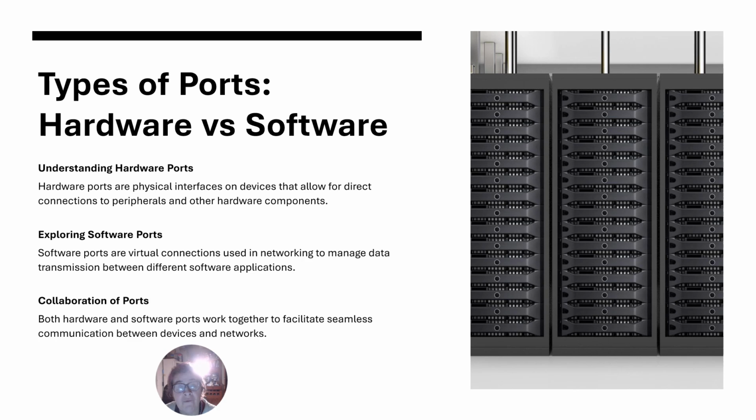Software ports are virtual connections used in networking to manage data transmission between software applications. So hardware ports are physical, software ports are virtual. Both hardware and software ports work together to facilitate seamless communication between devices and networks. So you pretty much have to have both.